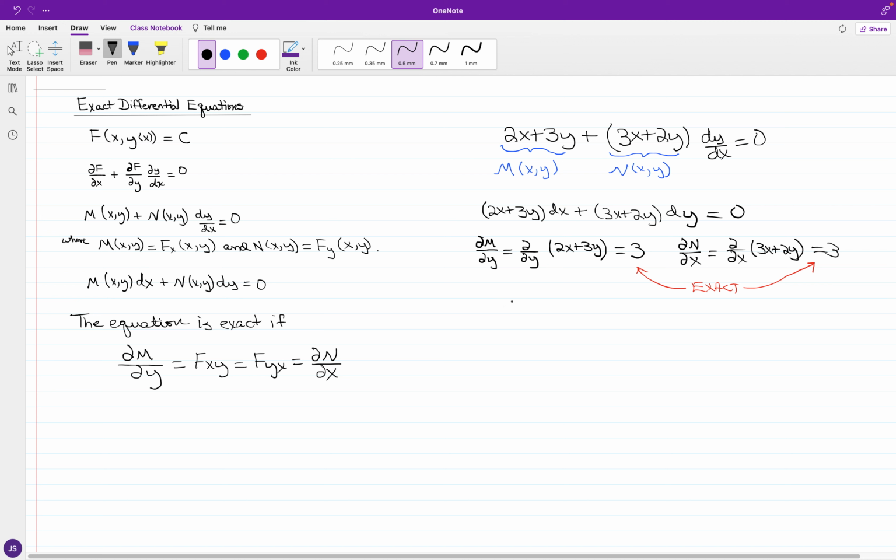With these functions being exact, we can set things up so that we can say f of x and y is equal to the integral of m of x and y dx plus g of y.